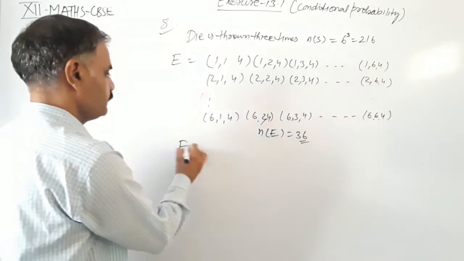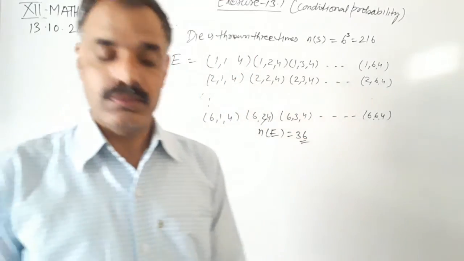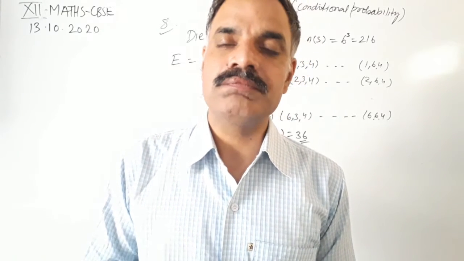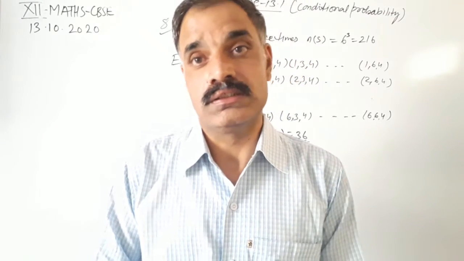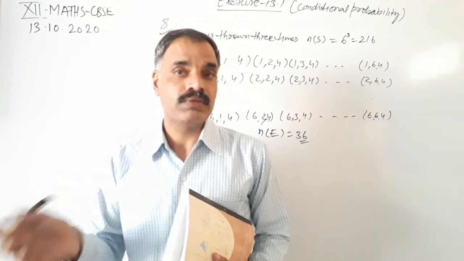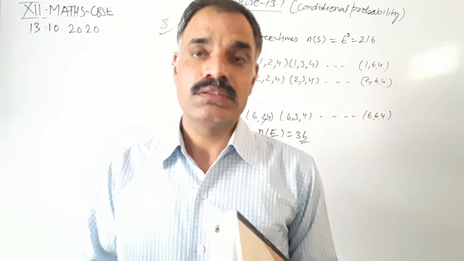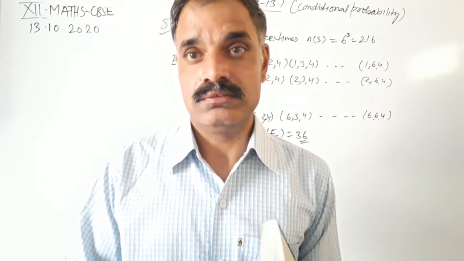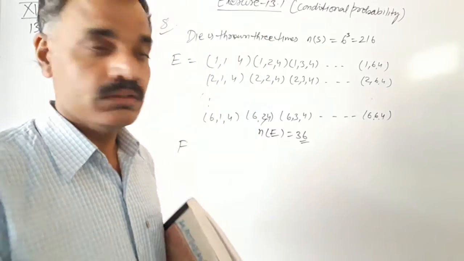Now, F is 6 and 5 appearing respectively on the first 2 tosses. So the first 2 tosses are fixed here: 6 on the first toss and 5 on the second toss. The third toss will vary from 1 to 6.